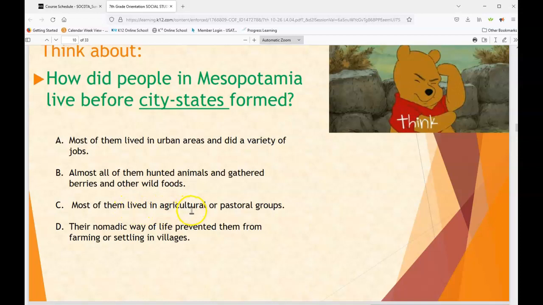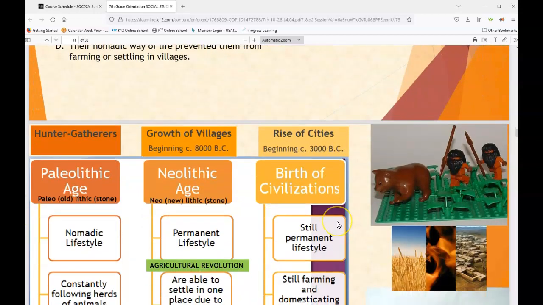And yeah, before city-states they started farming and herding. And this one says they didn't settle or farm, which we know they did. So A and D are not correct. So which one would be before city-states? Which would be the best answer? These both happened before, but this one, they started farming and herding just before they started forming city-states. So C is going to be the best answer there.